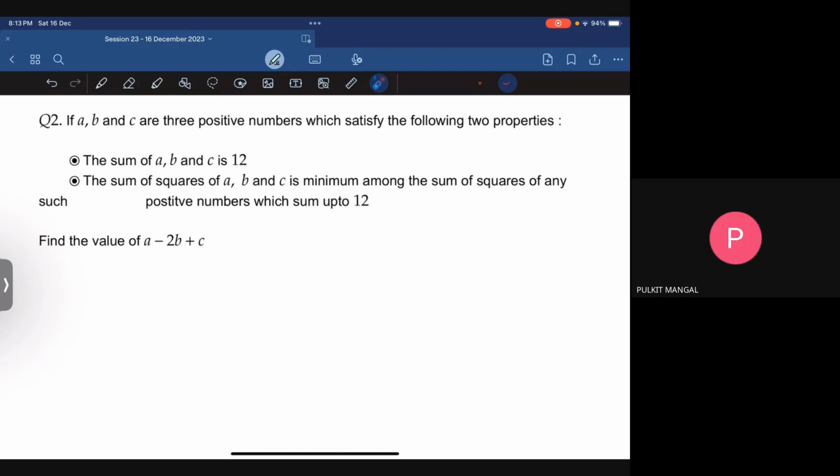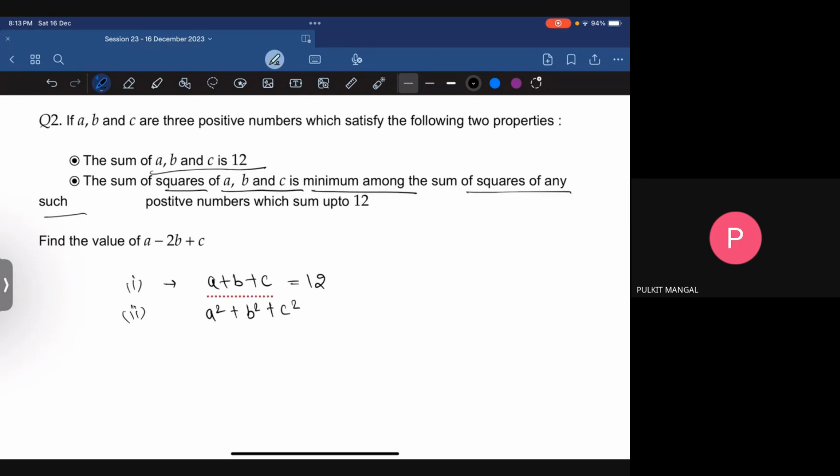Yeah, correct. So the way to solve these types of questions, we have been given one expression here. First, our first condition is that the sum of these three numbers should be 12. Second, we want the sum of squares of a, b and c, that is a square plus b square plus c square, to be minimum among the sum of squares of any such positive numbers which sum up to 12.